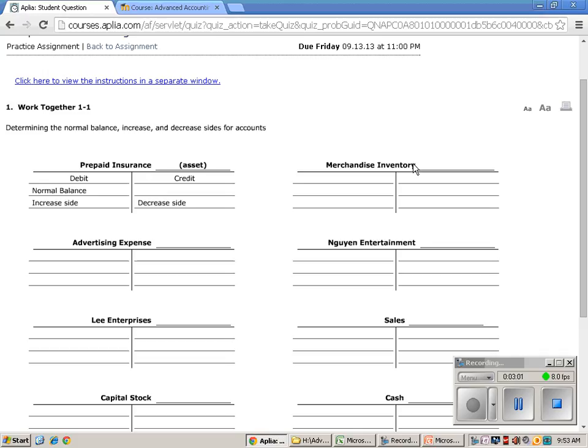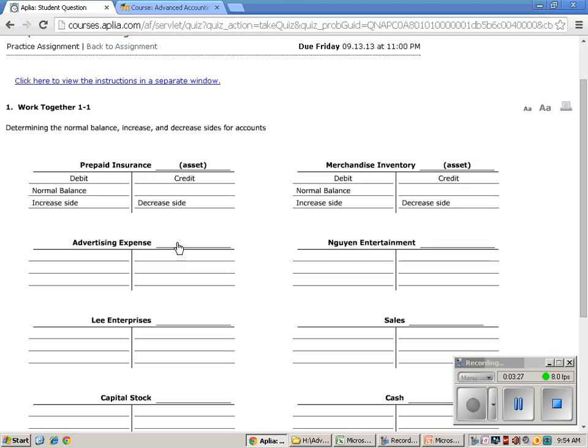Going over here, we'll go this way, merchandise inventory. Inventory is the products that you sell. So again, it's something of value, so it's going to be an asset. And all assets will be set up the same. So we've got a debit, your right side's always the credit side, your normal balance, increase side, decrease side. Okay?